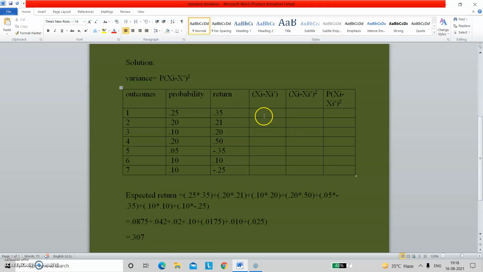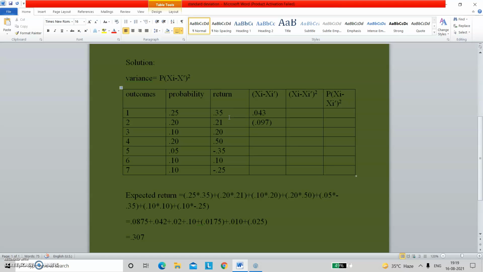What I am going to do is subtract the expected return from the individual return. So 0.35 minus 0.307 is 0.043, right? Then 0.21 minus 0.307 is minus, that means we put the bracket, 0.097.